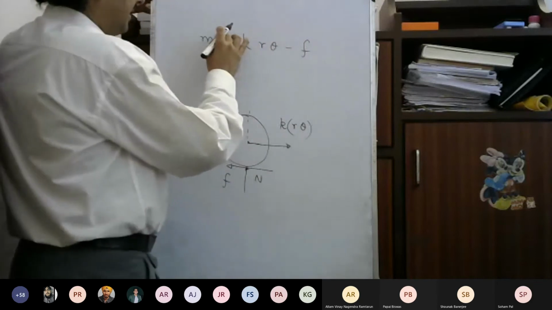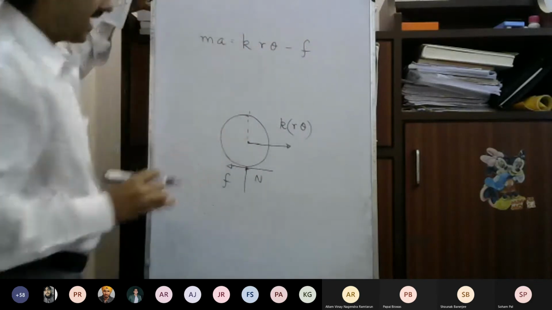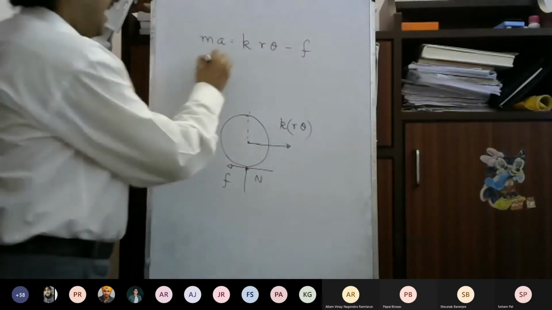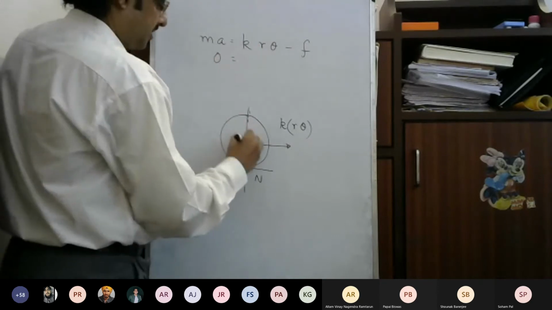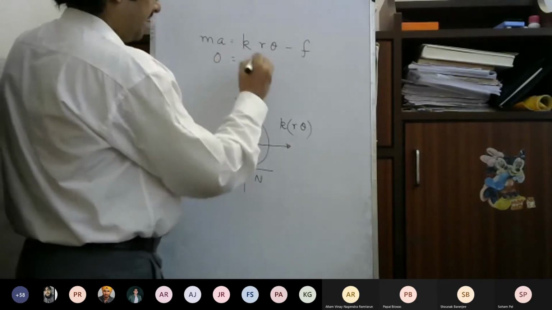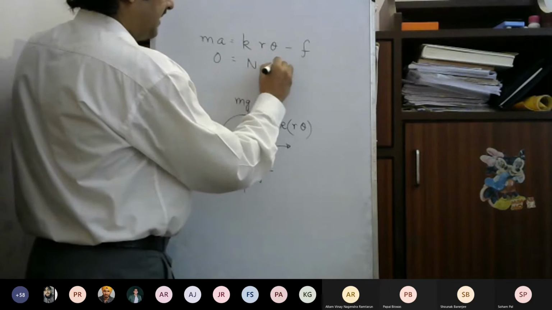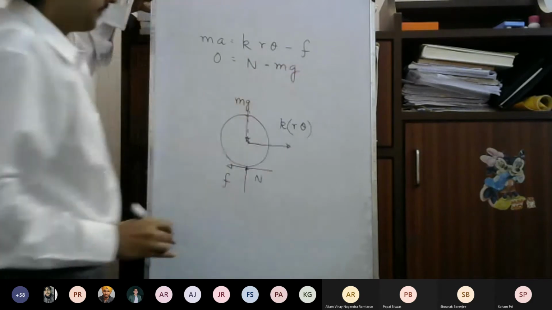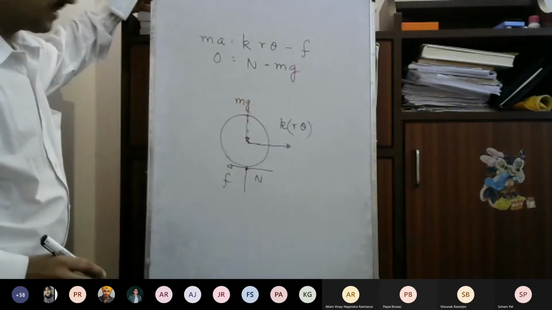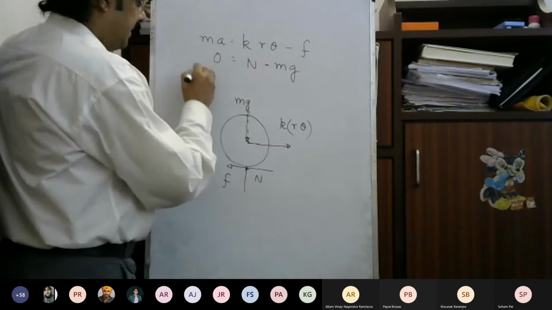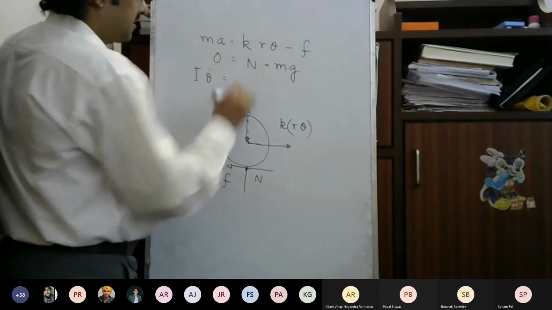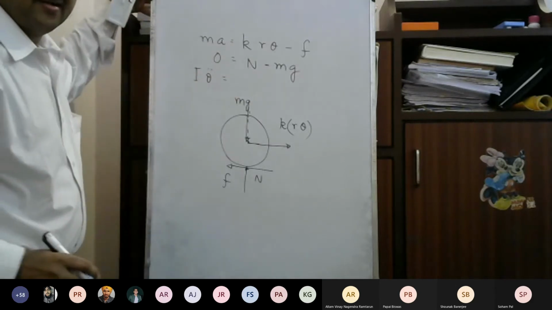It's a vector equation; suppose this acceleration is a, that means x double dot. And the other one: mg is acting, so N minus mg equals zero. These are the two equations, and I times theta double dot is the net torque acting on this body.